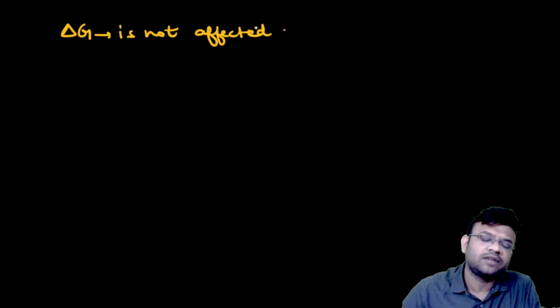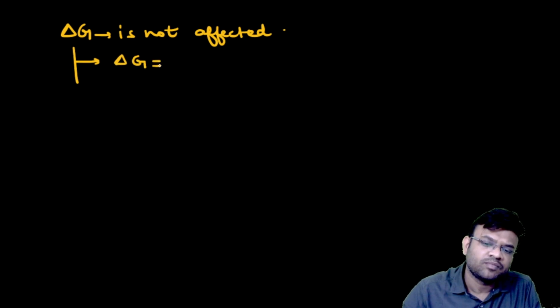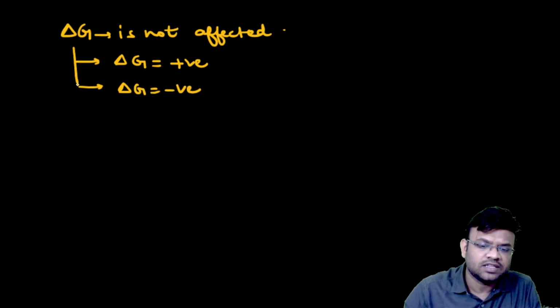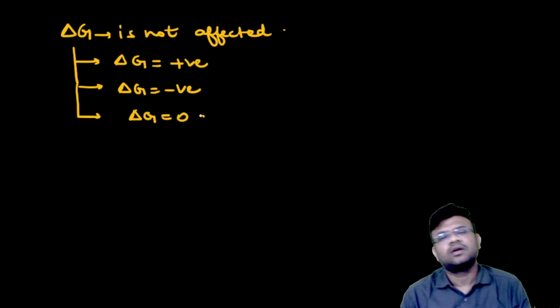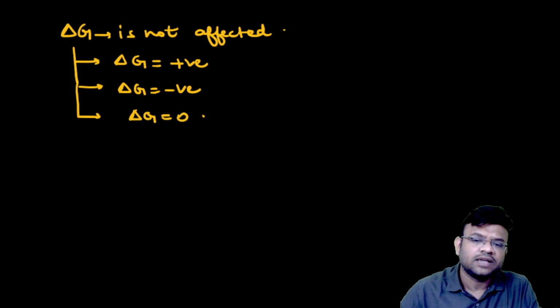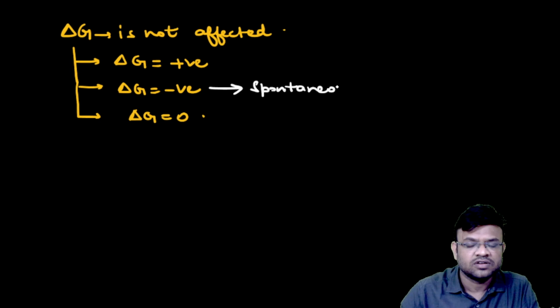Why do I say that? You would know that delta G can be positive, negative, or zero. The reactions having a negative delta G value are called spontaneous reactions.